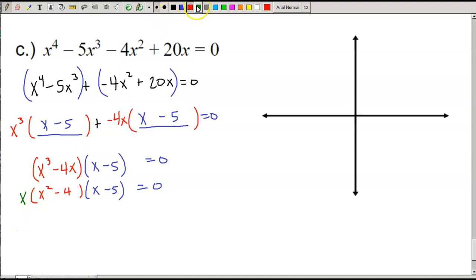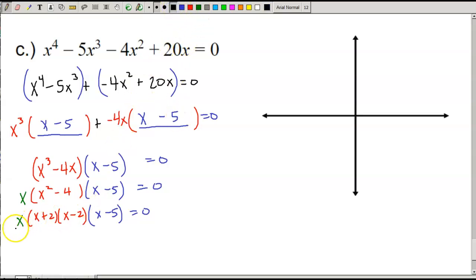So this is going to be x, and this red part right here is now going to be x plus 2 and x minus 2. And then x minus 5 is left over. All right, and this is completely factored. We finally got this down to the bare minimum.